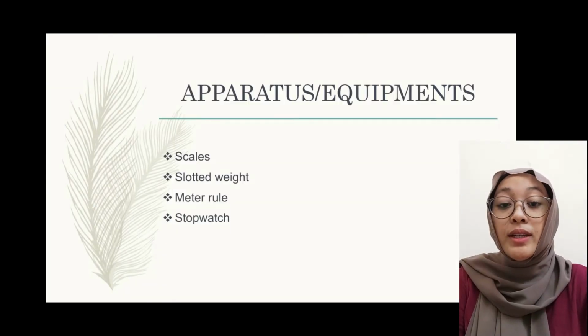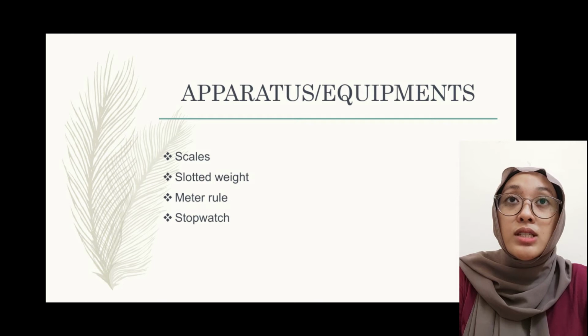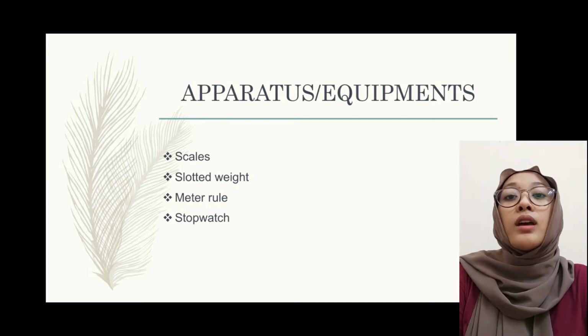Apparatus and equipment that we use in the lab. First, we use the scales to measure the weight of an item. Second, we use a slotted weight. The function of the slotted weight is to increase and decrease the load.